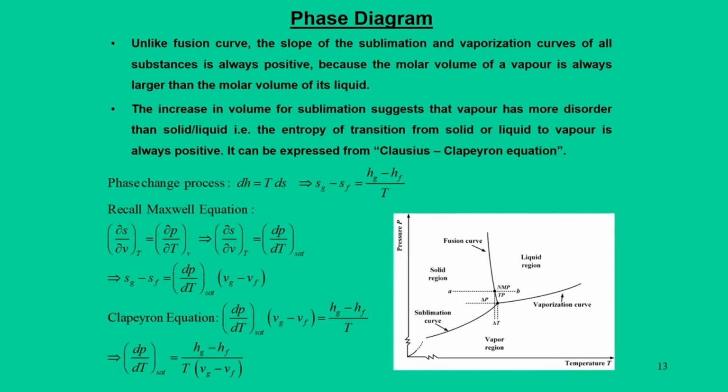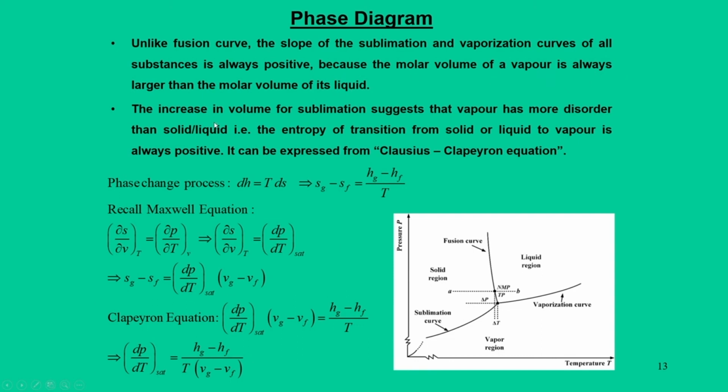Now, the other significant part of this pressure-temperature diagram is the sublimation curve and vaporization curve, and for both curves the characteristic features are not complicated. Here it is not like the fusion curve; in the sublimation and vaporization curves the slope is always positive, because the molar volume of vapor is always larger than the molar volume of liquid.